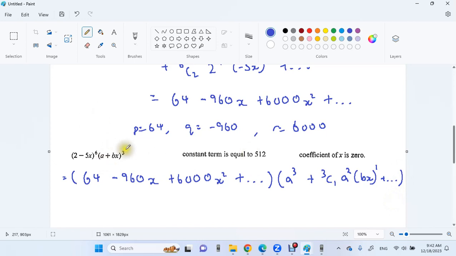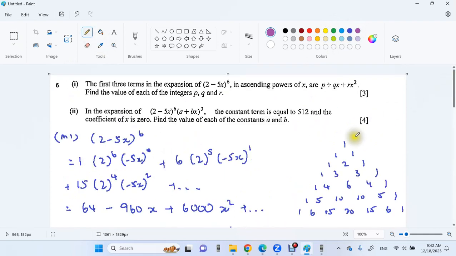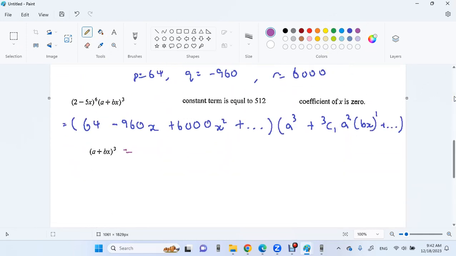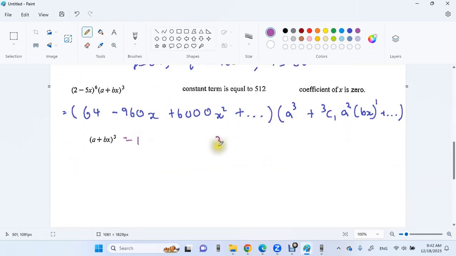For the power 3, just now Pascal's triangle is 1, 3, 3, 1. So 1, 3, 3, 1 with a power 3, a power 2, a power 1, and bx power 3, bx power 2, bx power 1 and so on.